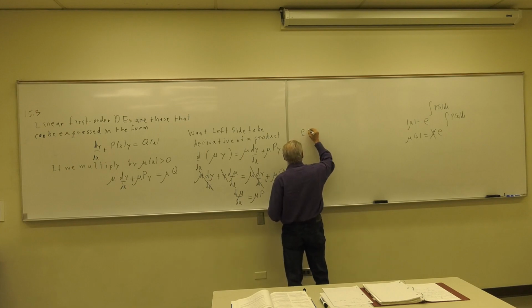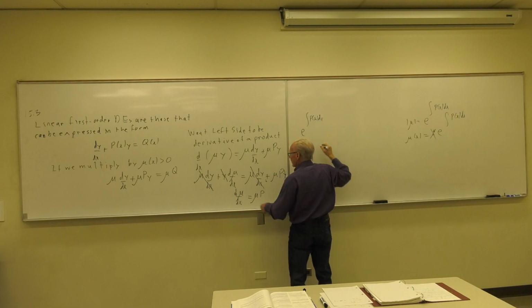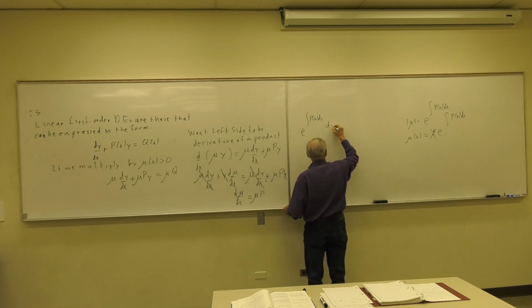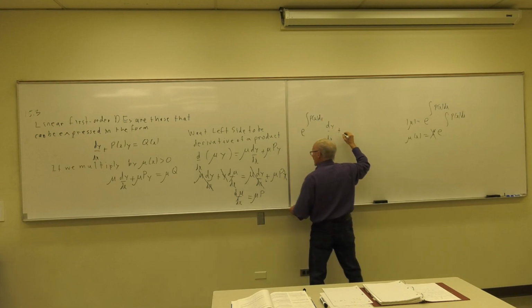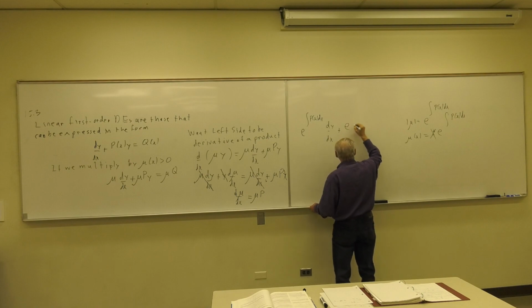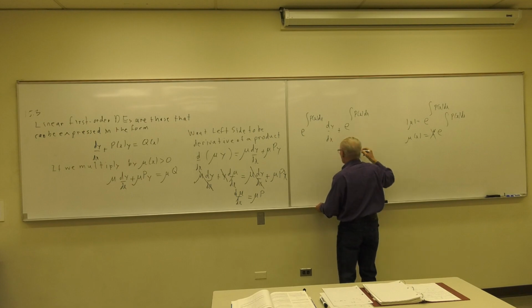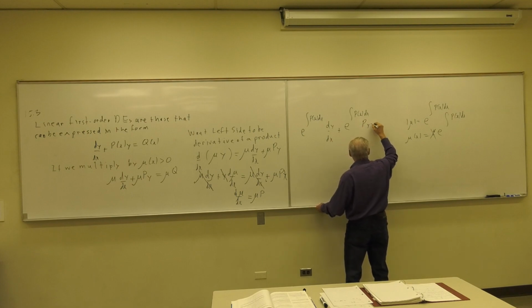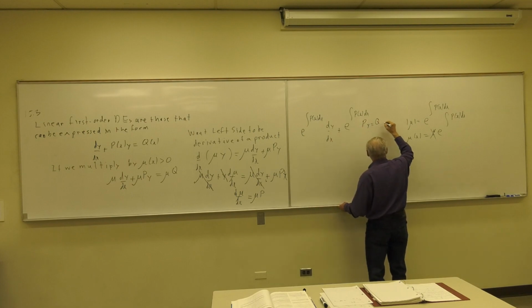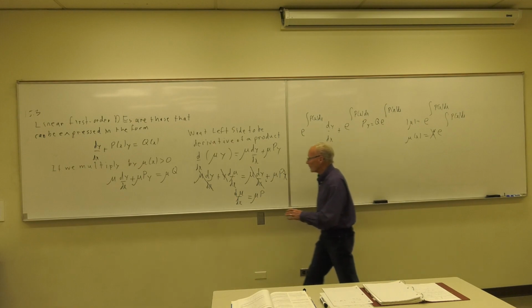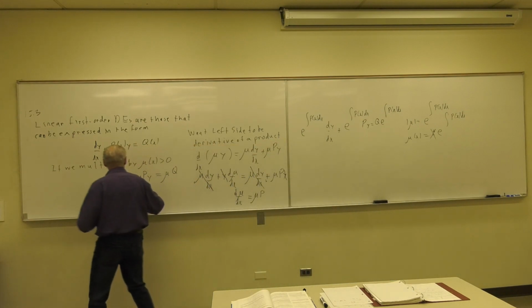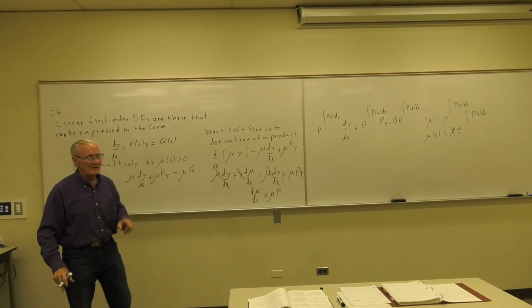So we will have e to the integral of p of x dx multiplying dy dx plus e to the integral of p of x dx multiplying p and y equal to q e to the integral of p of x dx. There I'm done. I simply replaced all these mu's by that thing.